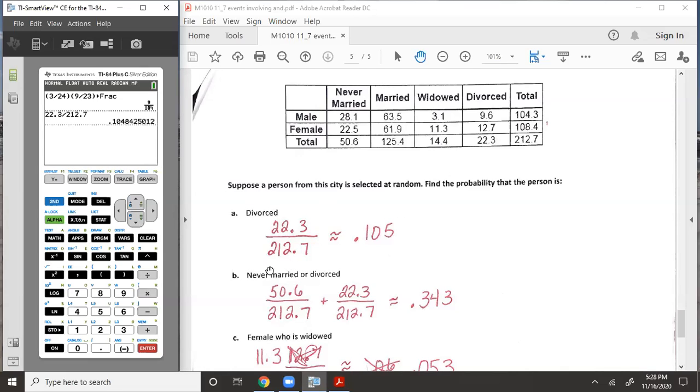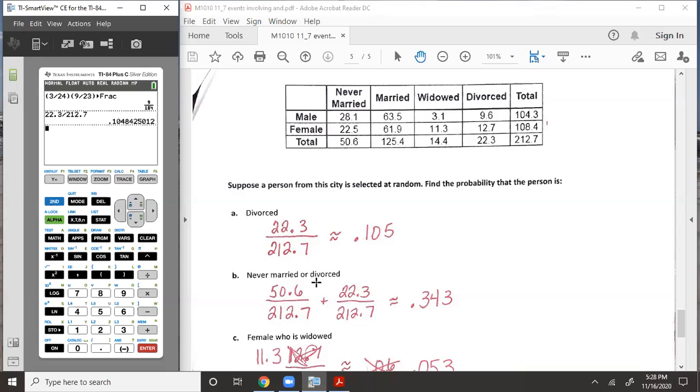The probability that a person was never married or divorced, now we're using the word or, the disjunction, which is adding the 2 probabilities. So the probability that a person from the city was never married is 50.6 divided by 212.7.